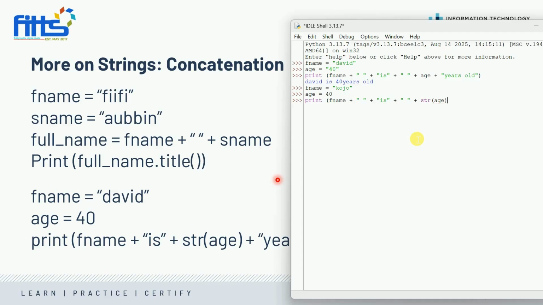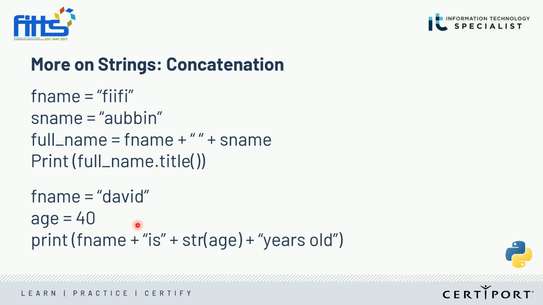We want to convert the age into a string because if you're concatenating, it should be a string. Hit enter. Now Kojo is 40 years old. I should have added a space here, but I did not. So that's about it. Well done.